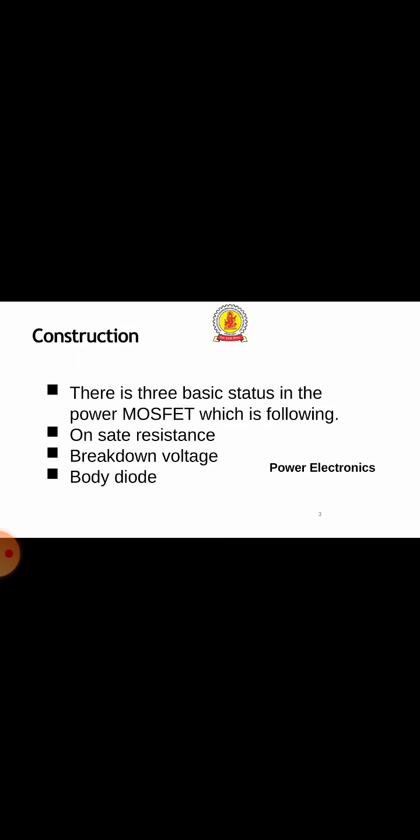When the gate circuit is open, no current flows from drain to source and load because of the reverse biased N plus minus P junction. When the gate is made positive with respect to source, an electric field is established.